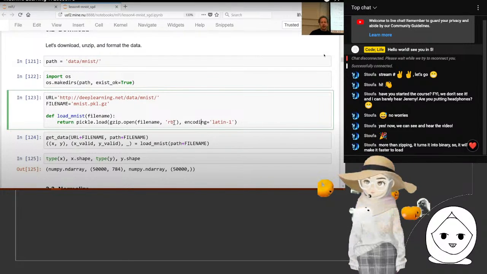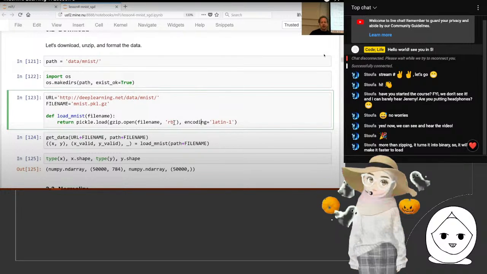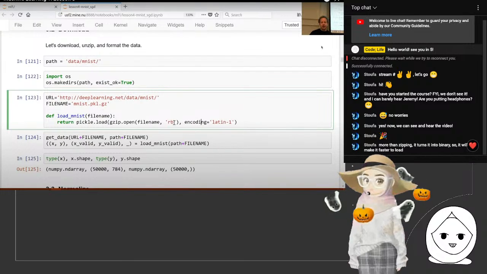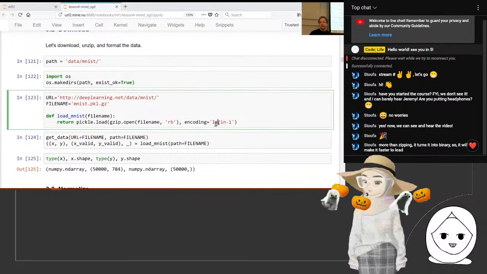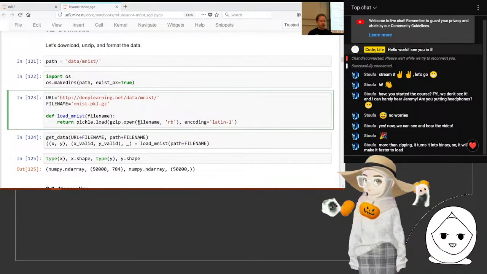Yes, I haven't actually looked at what it does inside, but I have used pickle before for creating something like a model and then loading it in another file and then using it. And with old pickle files like this one, this was a Python 2 one, so you have to tell it that it was encoded using this particular Python 2 character set. But other than that, Python 2 and 3 can normally open each other's pickle files.